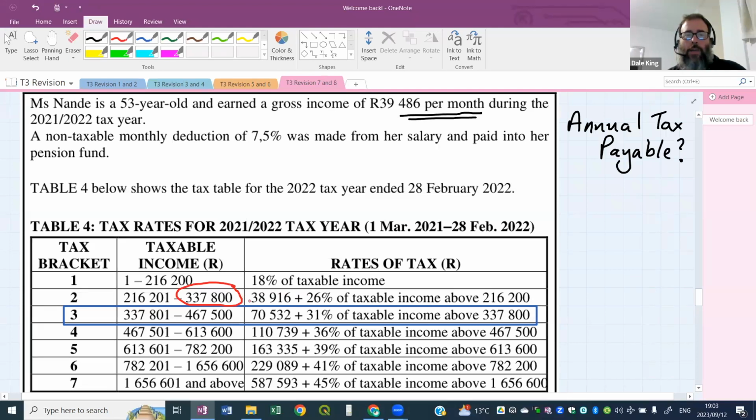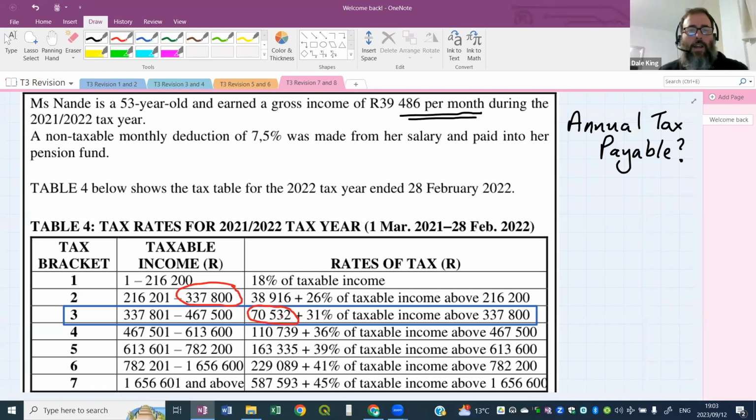It should come up to 70,532. So that's the starting point for bracket 3. So bracket 3 says you have to pay 70,532, which is bracket 2's maximum, plus this is the tax rate for bracket 3.